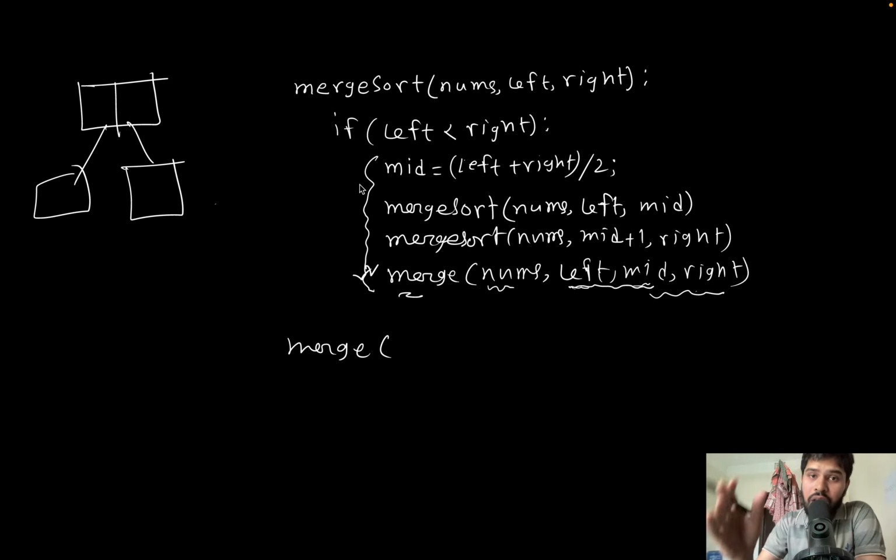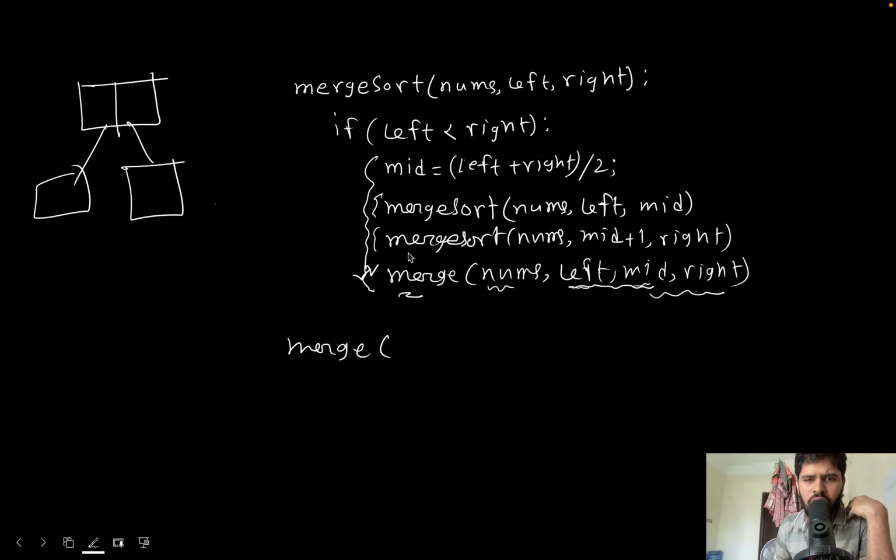If you watch this video, you will have a very good understanding of the merge sort algorithm. I think this is all about merge sort. We are dividing our problem into smaller problems.